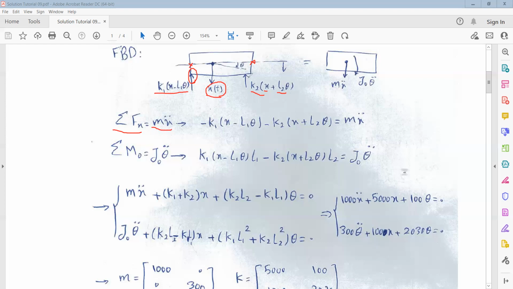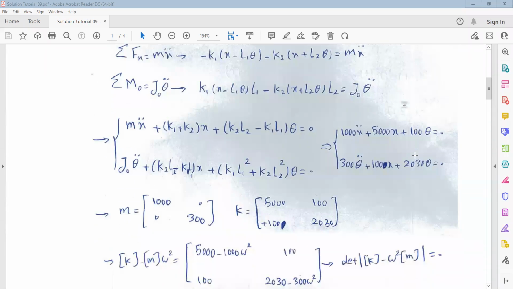And we also have the rotation about this point, because this is the mass center, so the moment about this point is equal to the mass moment of inertia times the angular acceleration, which is theta double dot. So these are the two equations of motion, and then we need to simplify these equations.